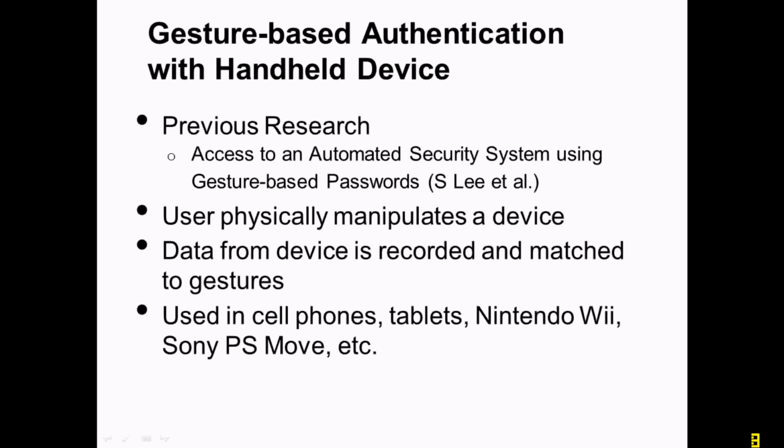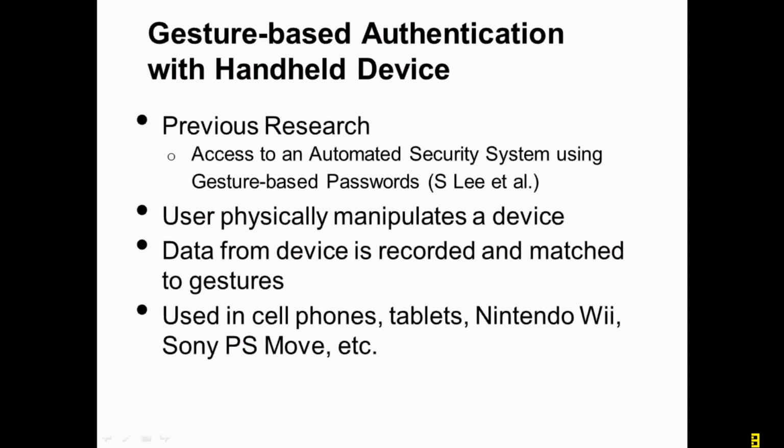This is a very commonly used method. Cell phones use this, tablets can do this, the Nintendo Wii and the Sony PlayStation Move all have accelerometers, so the interaction with the device can be translated into data. This is becoming very popular.